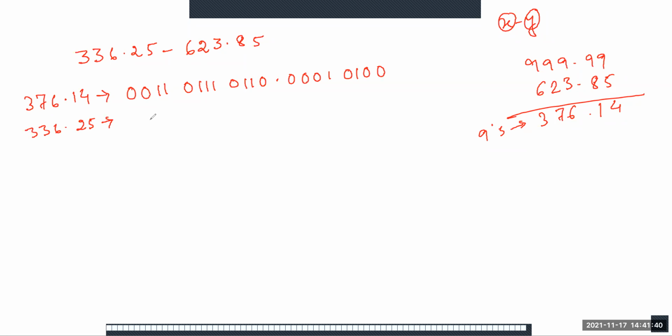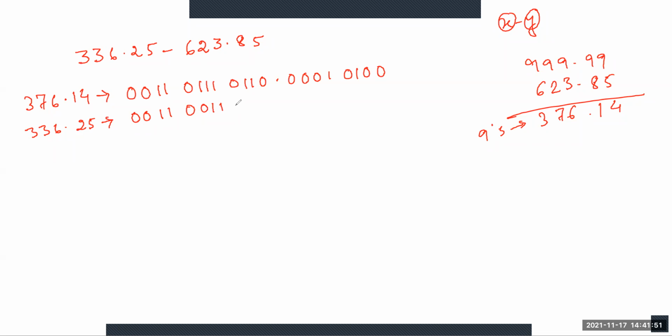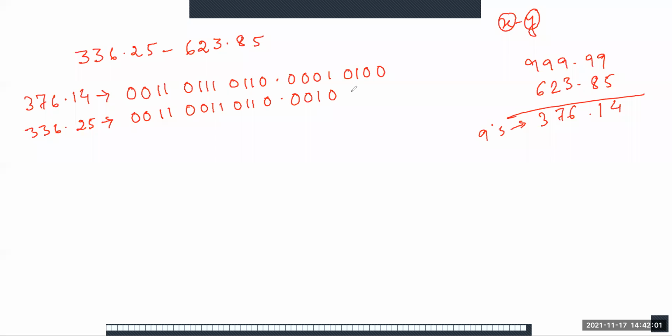So this is 0011, 0011, 0110 point 0010 and 5 means 0101.